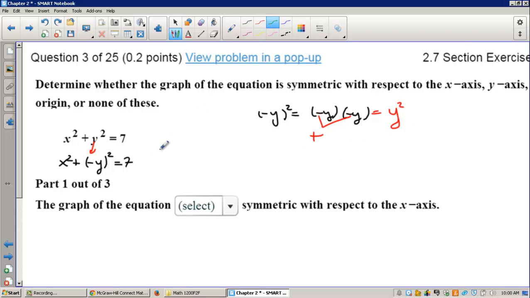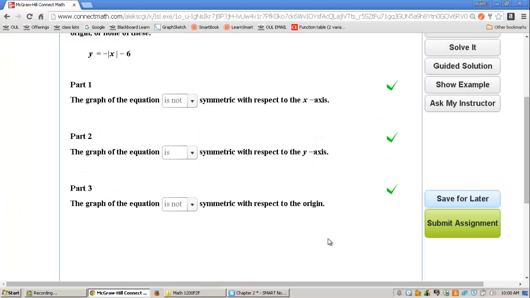So this thing actually equals x squared plus y squared equals 7. Original and new. Are they the same? Yeah, they are. So we have x symmetry in this case.